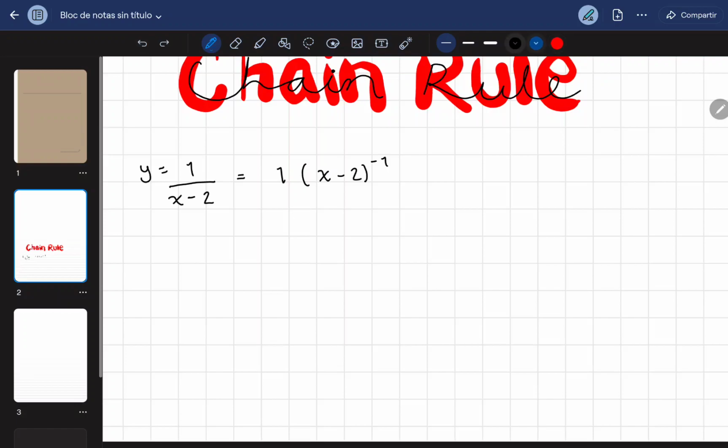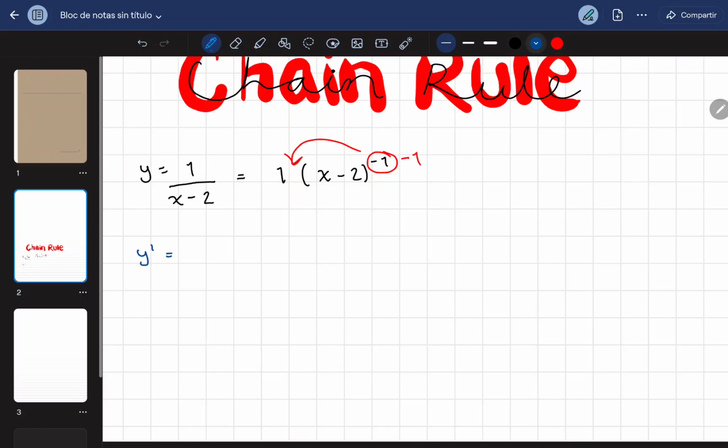So we say y prime equals 2. Remember, first the outer term, this goes down, minus 1.